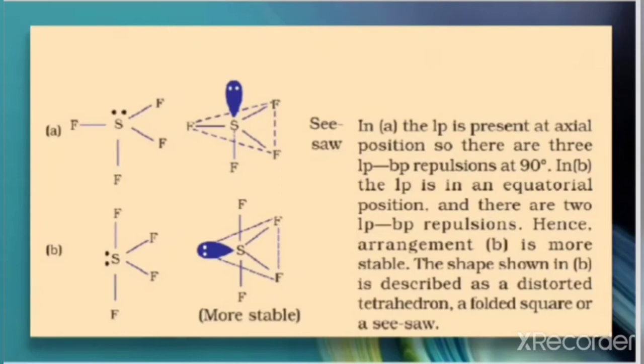The positions above the plane and below the plane are called axial positions, and the positions on the same plane are called equatorial positions. So here there are 3 equatorial positions and 2 axial positions. So where will the lone pair go, the equatorial or the axial?